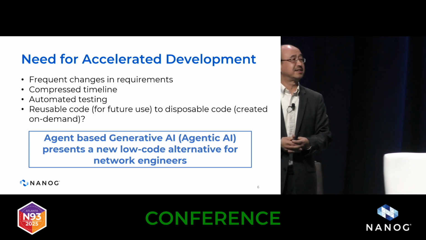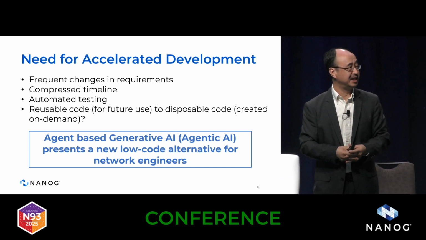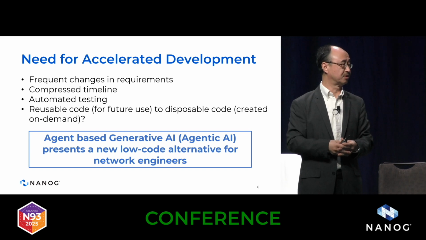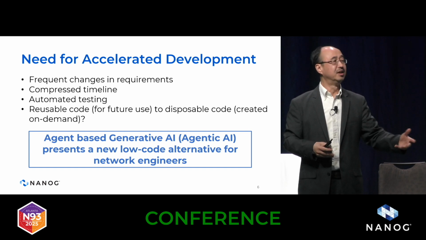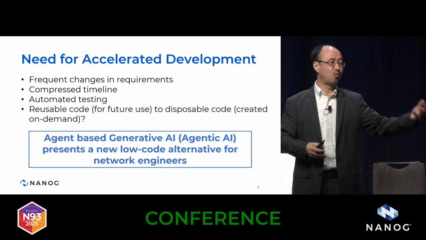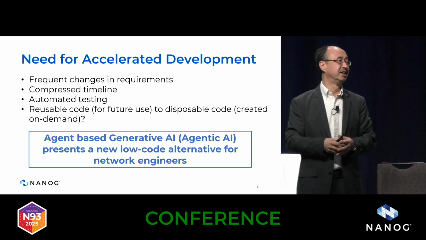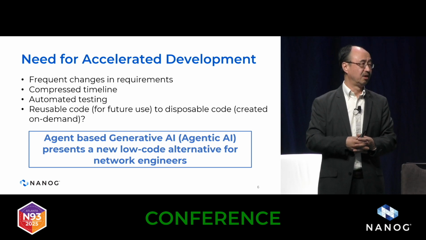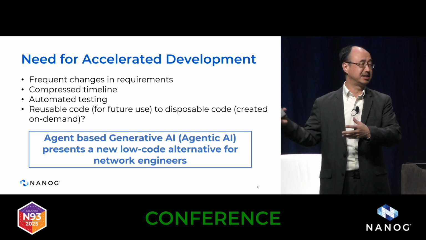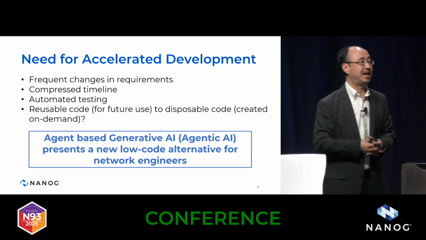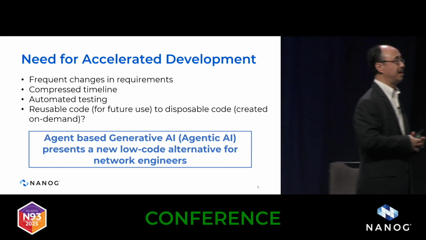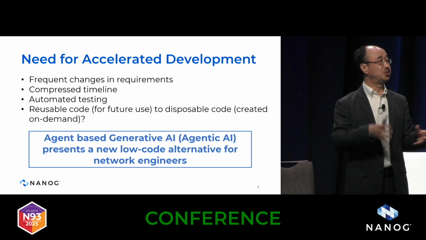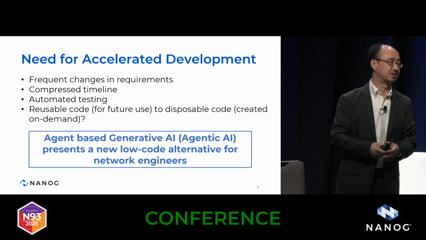But given the rise of generative AI, there's this concept of disposable code. By disposable, the code is written and used one time or a couple of times. It's not reusable. It's not intended for reuse. Why? We're going to go through some of the reasons later, but the main reason is that you can create on-demand scripting. You don't need to have reusable code anymore.